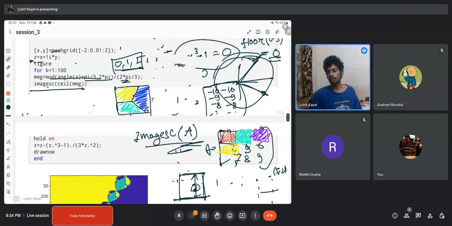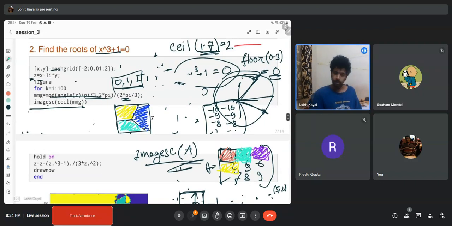Why? Because I am using imagesc, and in the matrix I only have 3 different values. Here z is a matrix, similarly angle of z will also be a matrix, and I am modifying the value inside each cell using this ceiling command. It will be 3 different values, so MATLAB's imagesc will assign 3 different colors, right?